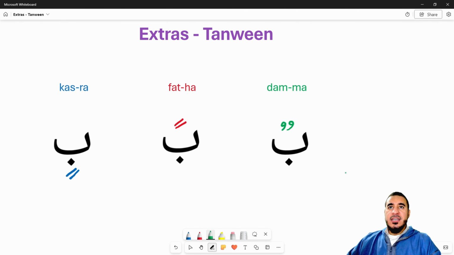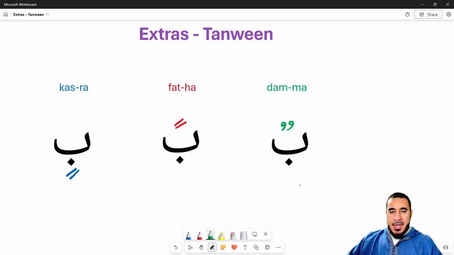As you can see in these three here, we've got two dhammas above this ba, we've got two fathas above the ba, and two kasras below the ba. So these three are examples of tanween, okay? This is essentially what tanween is. It is a doubling of the vowel or haraka.